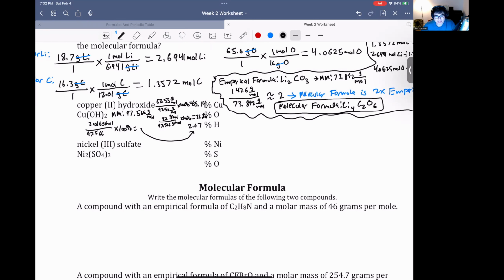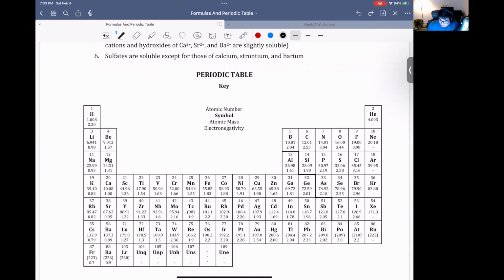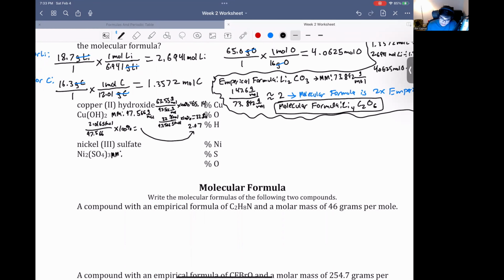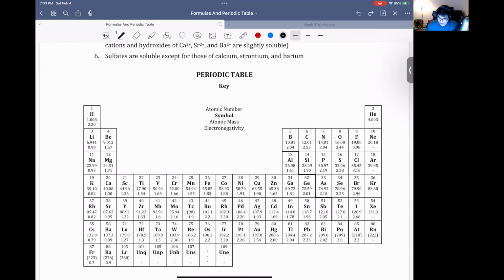Okay, next we have nickel 3 sulfate. So we're going to do the same thing here. The molar mass of nickel 3 sulfate, we're just going to add everything up. Ni2(SO4)3. So the nickel has a weight of 58.70. Now we have 3 sulfates, so I'm going to multiply the whole weight of sulfate by 3.